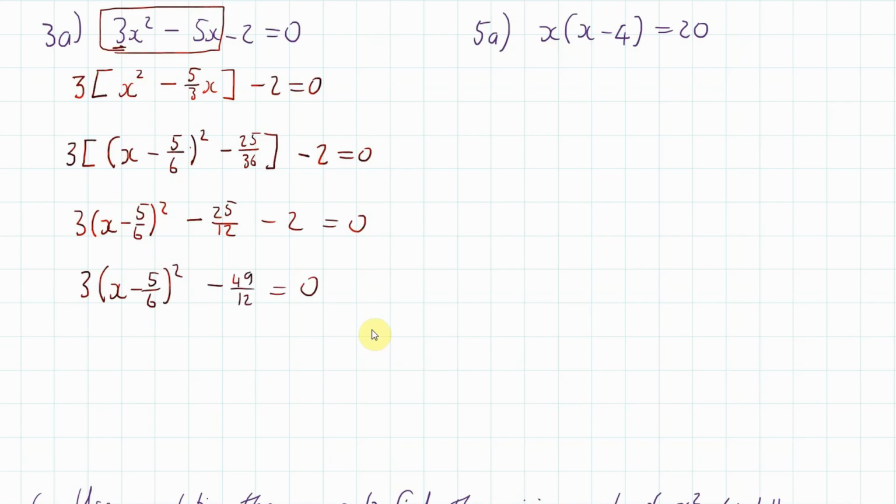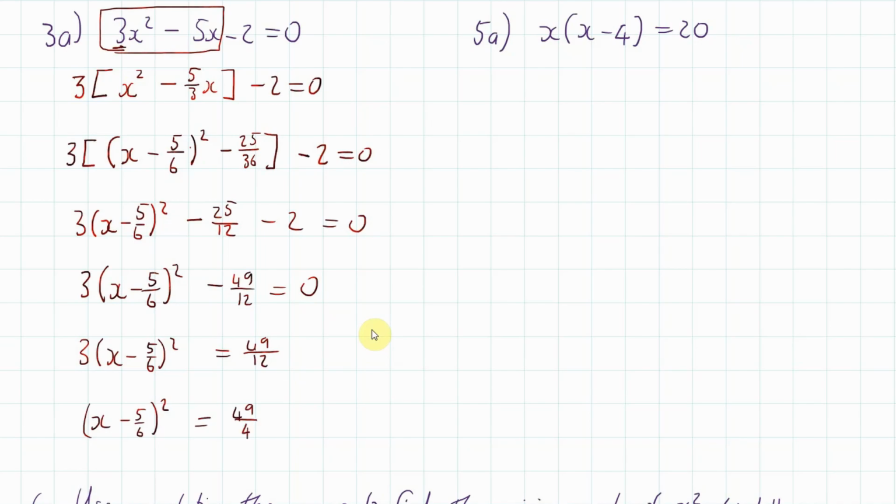And now we go about our usual business. We go 3x minus 5 sixths squared. We move the 49 over 12 this way. Now we've got to get rid of that 3. So what we're going to do is divide both sides by 3. So when I divide that by 3, you can see you're going to get 49 over 4. Right?